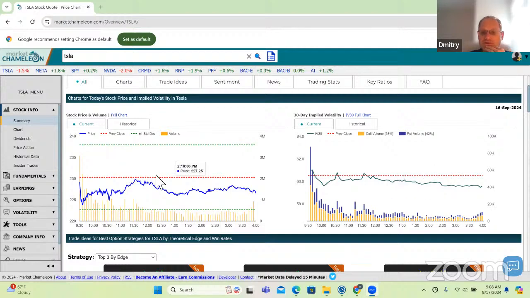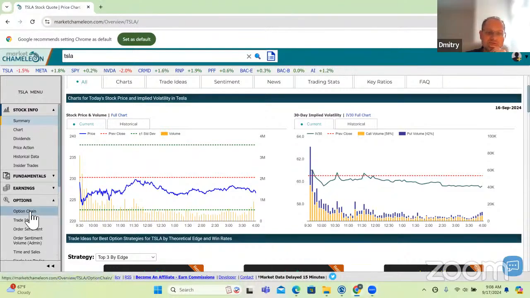We talked about these two graphs comparing side by side the underlying stock activity versus the options activity, which allows you to eyeball and spot if there's anything unusual during the day that happened in either both or one or the other. Let's go over here under the options chain.